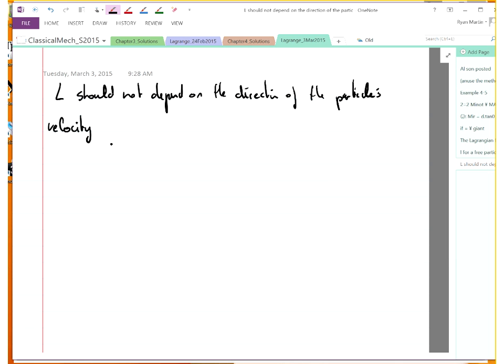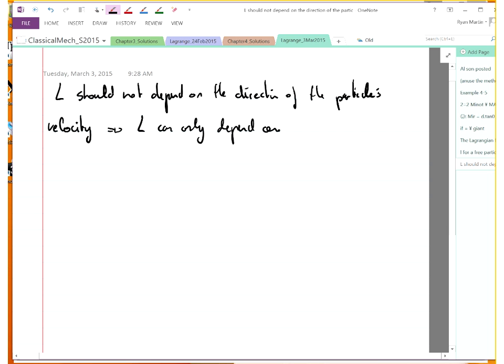Right, so we have this free particle in space. The equations of motion should not be different if the particle is going in the x direction or if it's going in the y direction. It's completely arbitrary what you call x, y, and z, right? You're in free space. We have this fixed frame of reference, but it is arbitrary. We recognize that. So our description of the particle can't possibly depend on which direction the particle is going.